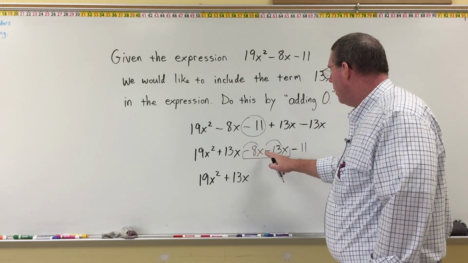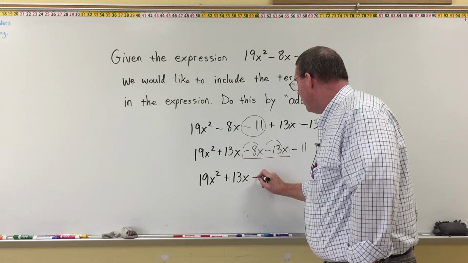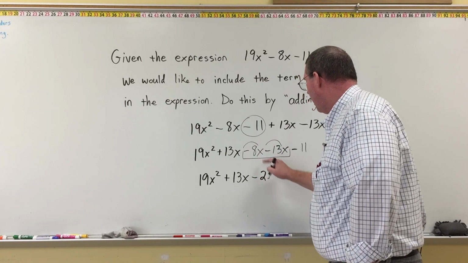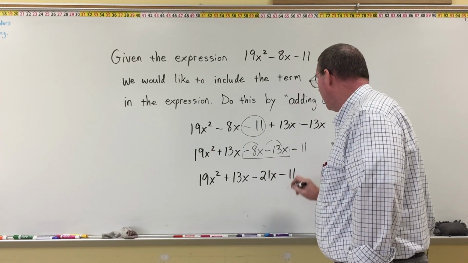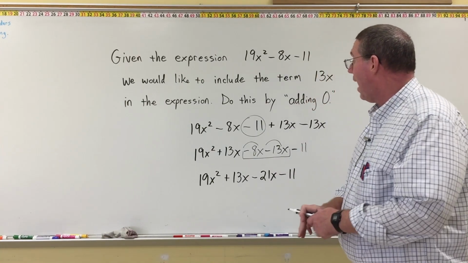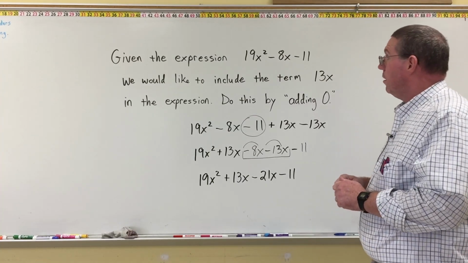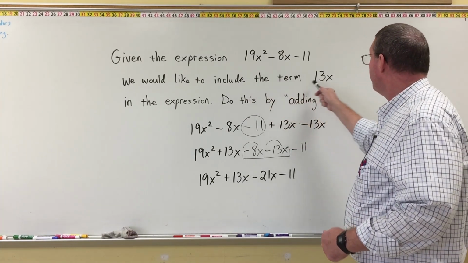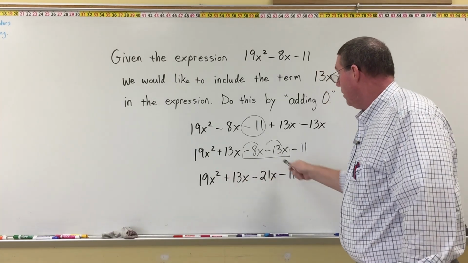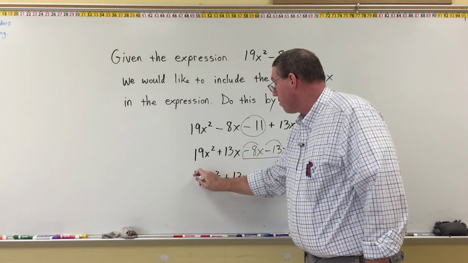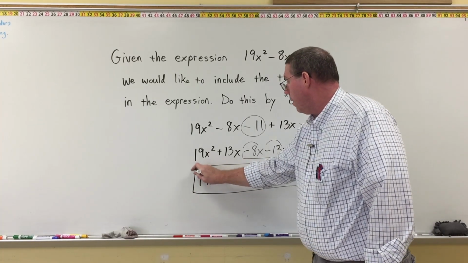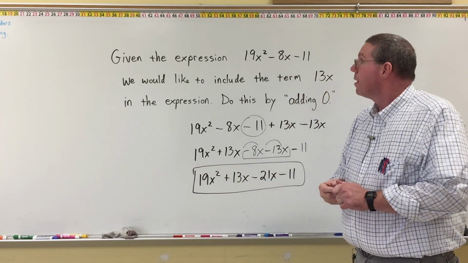So negative 8 minus 13 is negative 21, and we'll put the x on it, and then just bring down this minus 11, and that is our final answer. So we have successfully included the term 13x in the expression by simply adding 0. And so this is what our answer will be, okay?